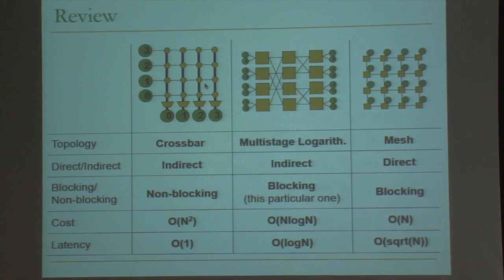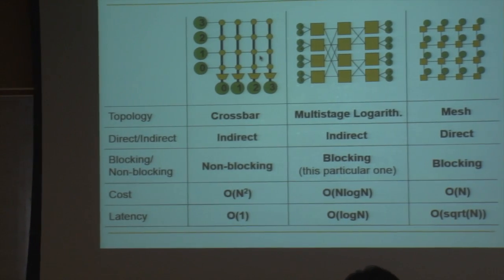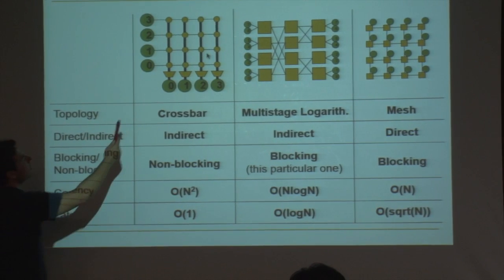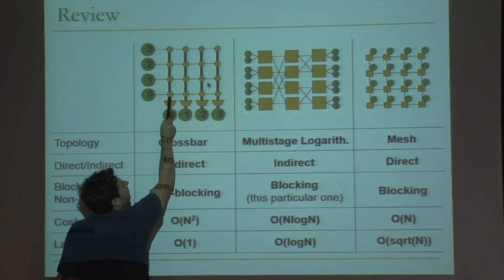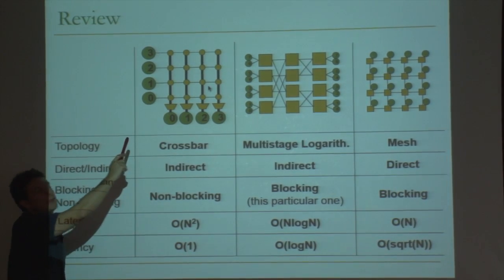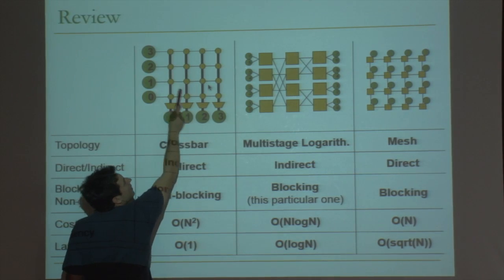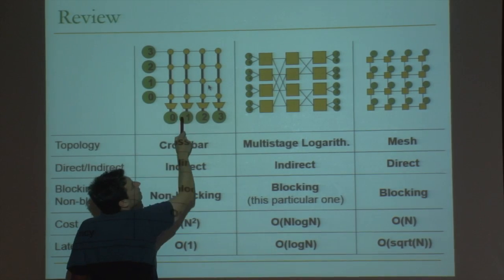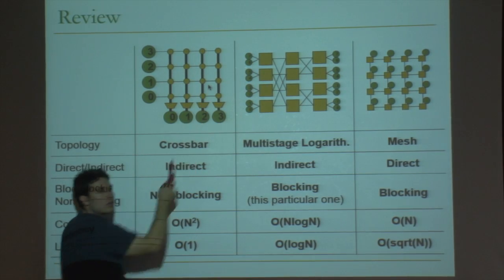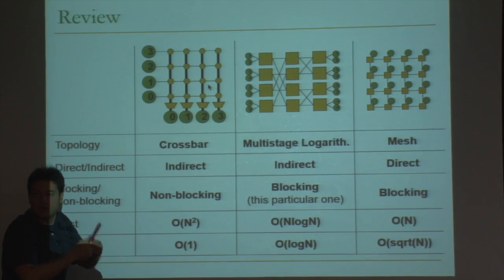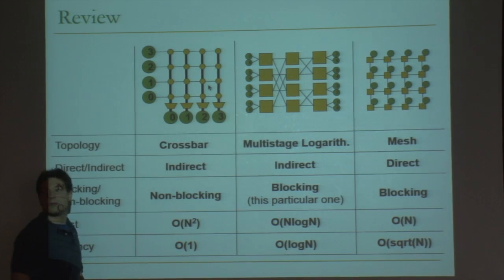Can you explain why the latency in the crossbar is one hop? Yes. So these elements here are just connections. They're not routers. So if I want to go to 1, this is not a hop. I don't go 1, 2, 3. This is a wire. This just shows potential switches where you can just connect two things together. So anywhere I go becomes a single wire. It's a single hop.